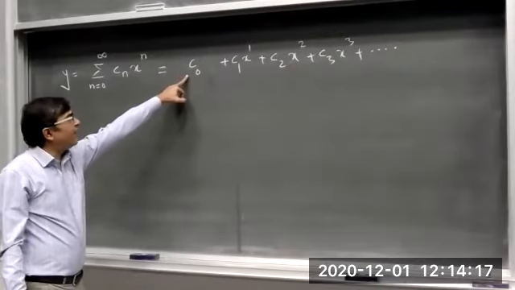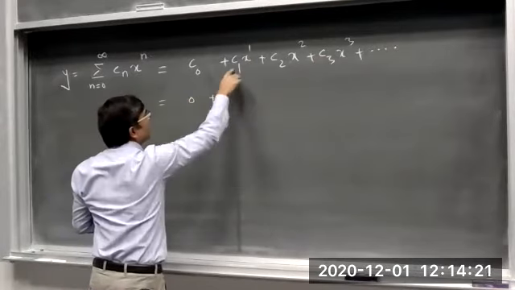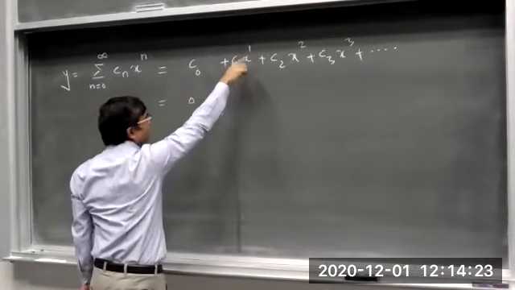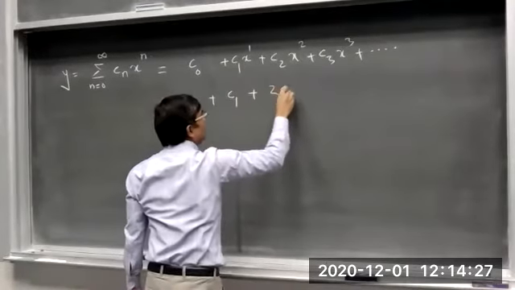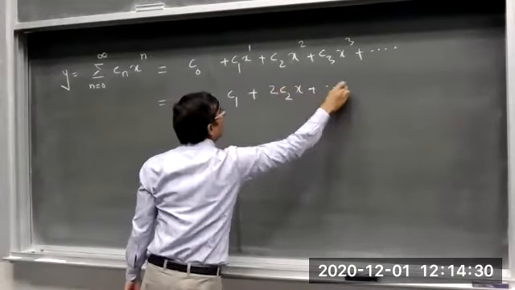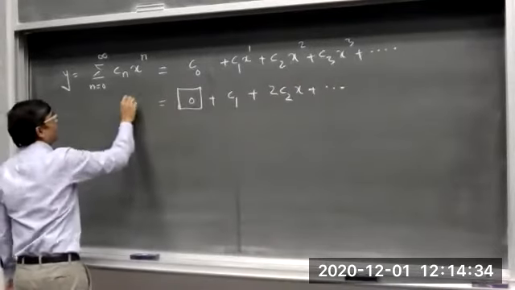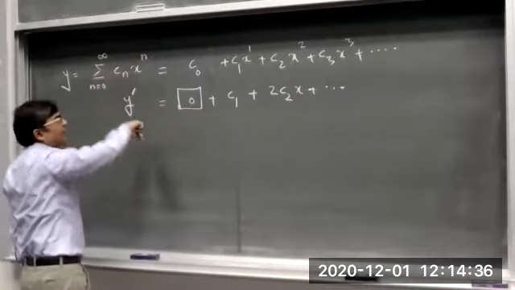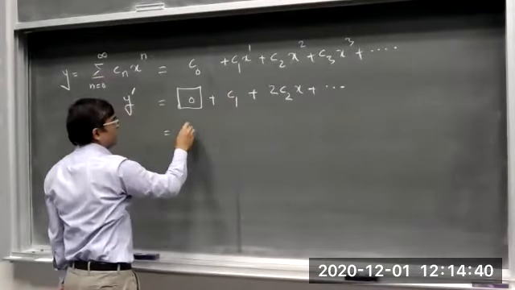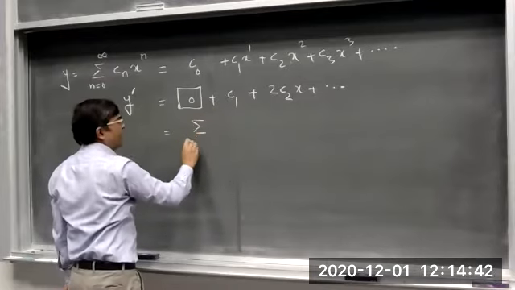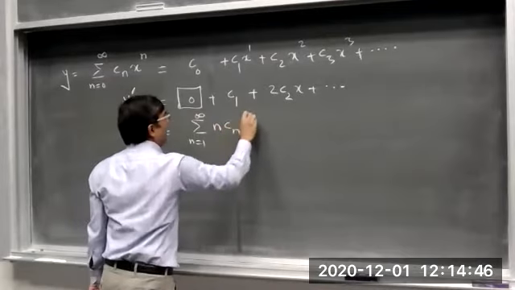So when we take the derivative, this constant term becomes 0, plus c1 times the derivative of x, which is 1. So we get c1 plus 2 c2 x, and so on. The first term was 0 in the derivative of this series, so the summation starts now from 1: n from 1 to infinity, n cn x power n minus 1.